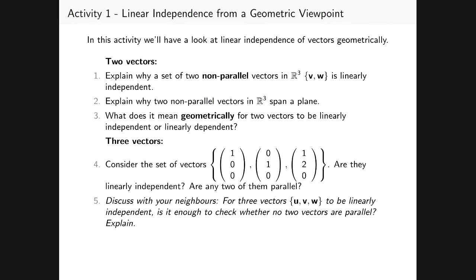As we saw, all of these guys are non-parallel, and they are linearly dependent.